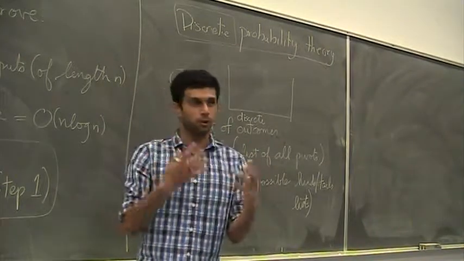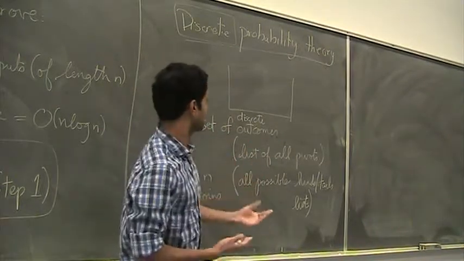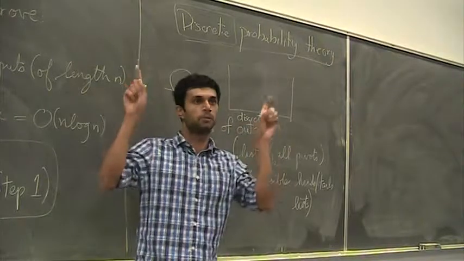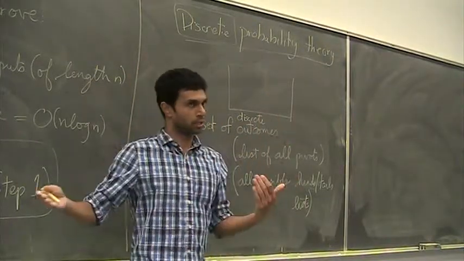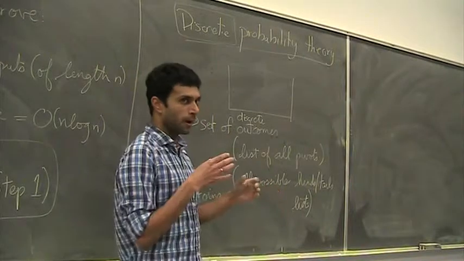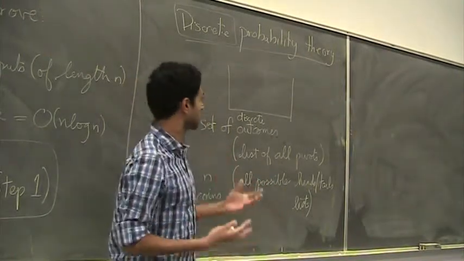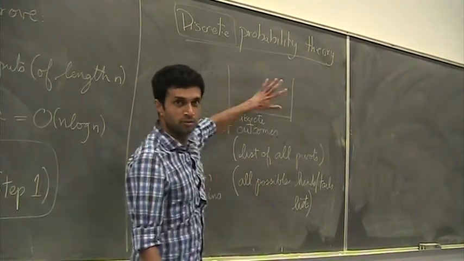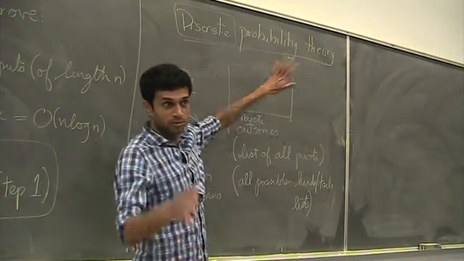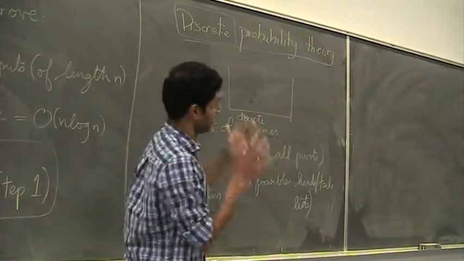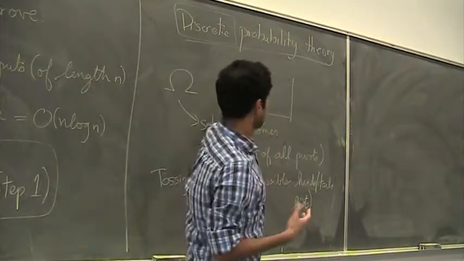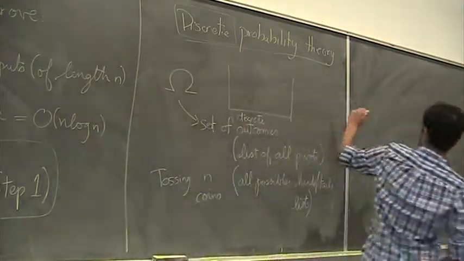We interpret probability in various ways, but at the end of the day, it's just saying that every outcome has a number, so that all these numbers sum up to 1. So probability is actually just a function from the set of outcomes to the non-negative reals, or to the interval 0, 1. Let me write this here.